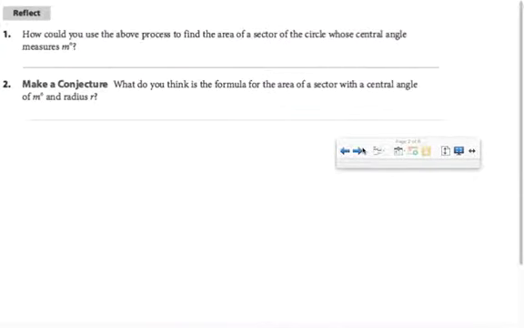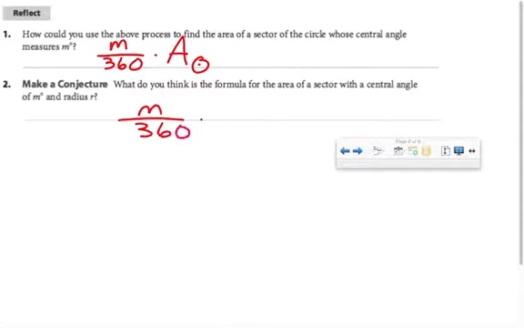How could we use the above process to find the area of a sector whose central angle measures m? So we could take the m over 360 and multiply it times the area of the circle. So what would be a formula for the area of a sector? It would be m over 360 times pi r squared.